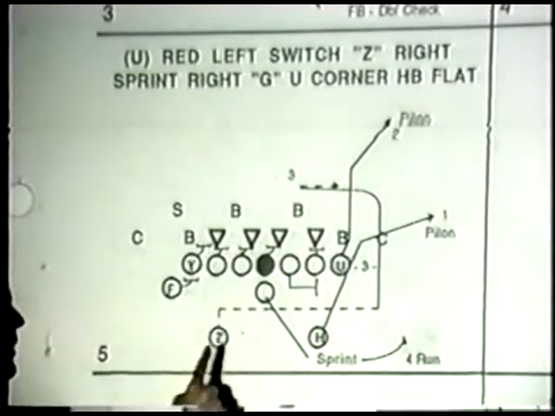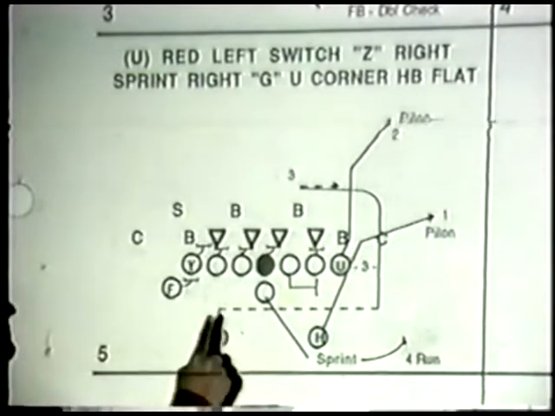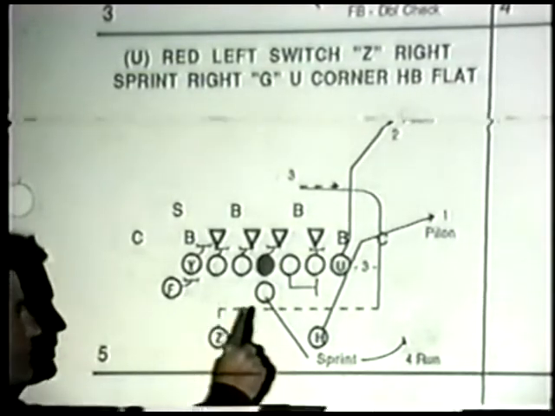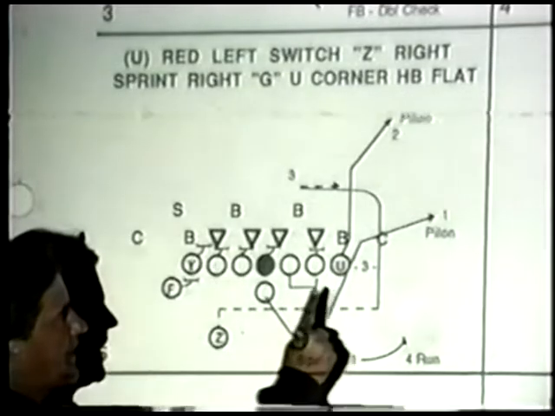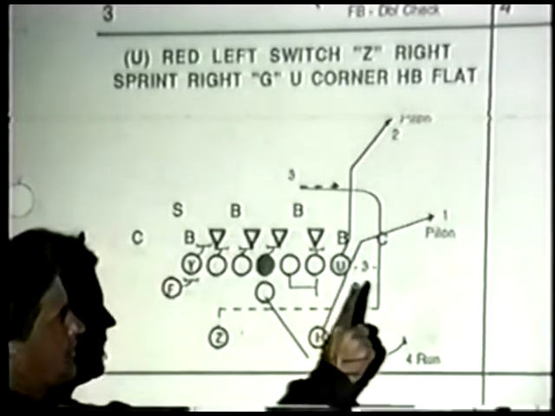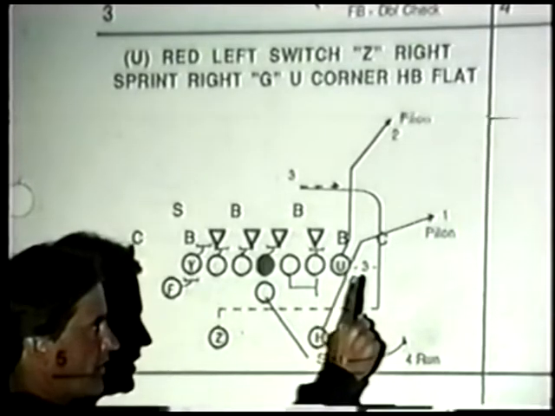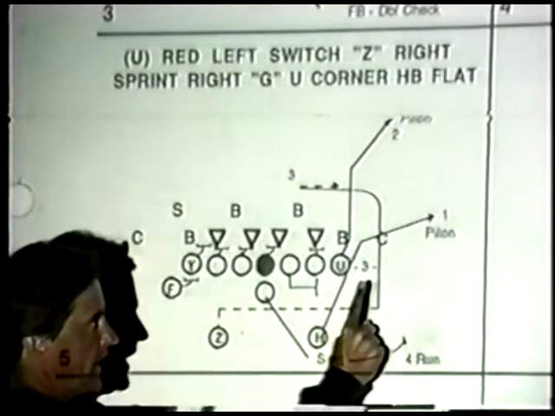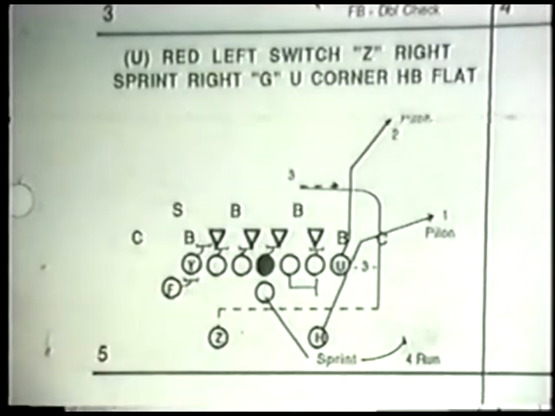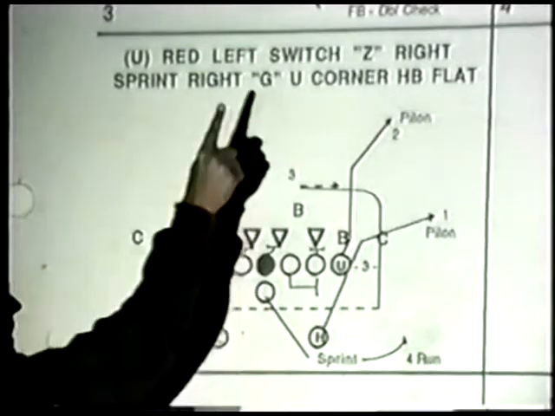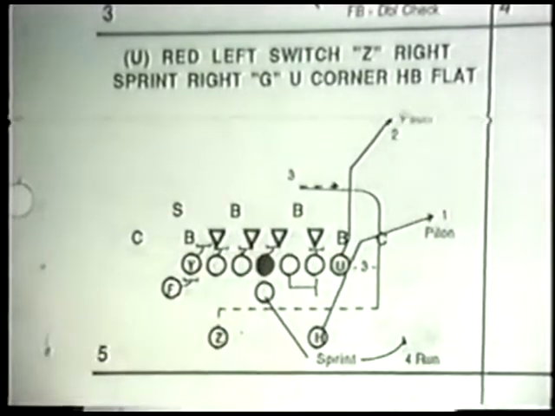All right? Now, in this motion, Z right, you're going to step up and you're going to hug this thing as tight as you can, and we're going to snap the ball about just a couple yards outside here. I don't know if it'll be 3. Just a couple yards outside that U. Pretty tight, okay? Sprint right G. When we say the letter G, that means the guard's going to pull.